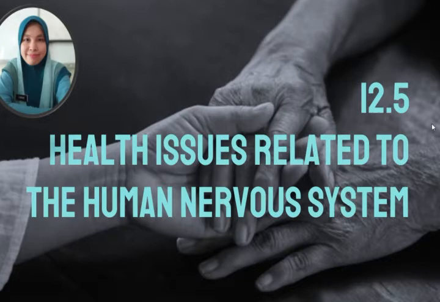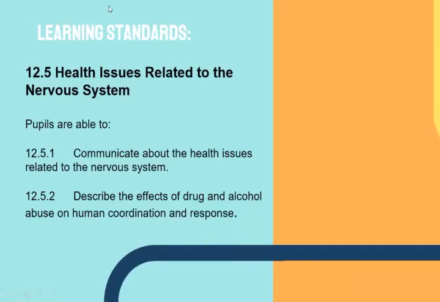Let's continue our lesson with 12.5, health issues related to the human nervous system. Let's take a look at the learning standards that you have to cover for today. Pupils are able to communicate about the health issues related to the nervous system.